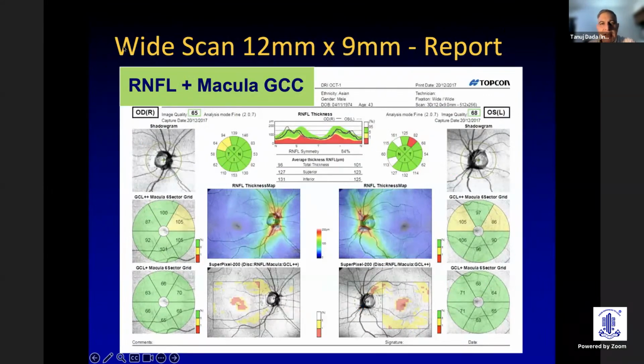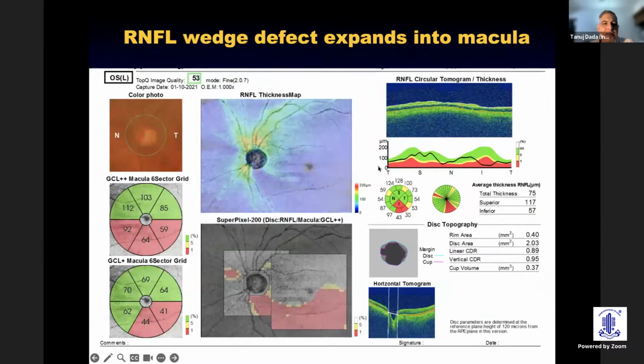In recent OCTs, you have this wide field scan available. So here, the advantage is you can image both the retinal nerve fiber layer as well as the ganglion cell complex in one scan. And that is very advantageous. Here you can see there is an inferior RNFL defect visible on the OCT. And this is correlating with loss in the central ganglion cell complex.